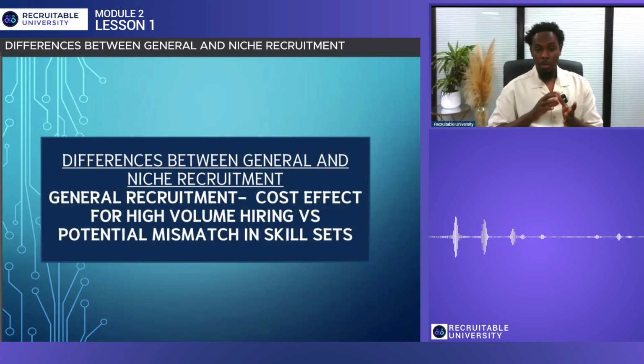Then general recruitment being cost effective is great because you can post so many vacancies out. You can recycle some of those vacancies and those templates. Also expect to have a potential mismatch in skill sets. People who are too qualified may apply for your position, or people who are unqualified may apply for those positions.